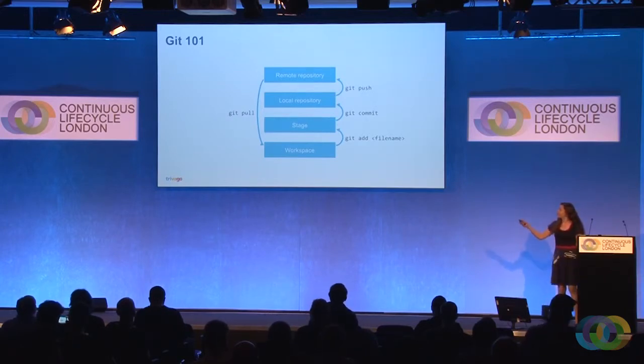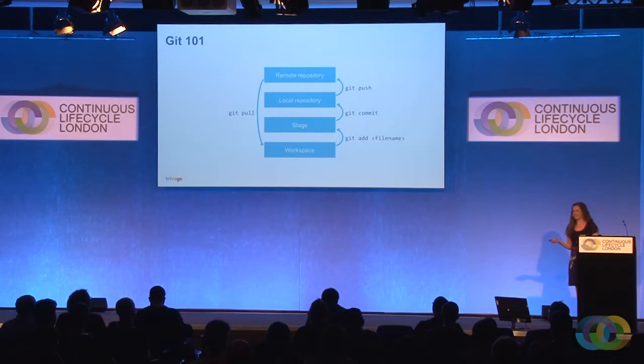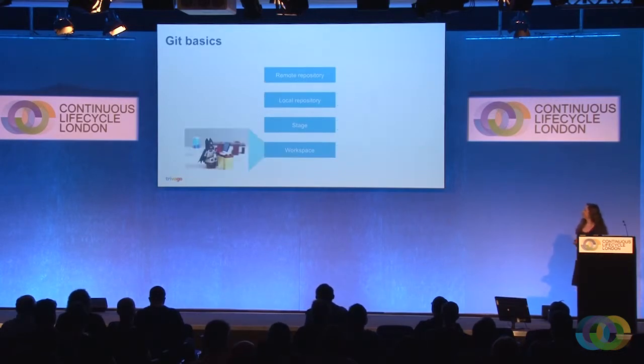So the way Git is structured is you have a workspace, a stage environment, the local repository, and the remote repository. That also still is kind of abstract, right? I have pictures. So your workspace is basically like the desk you're working on.